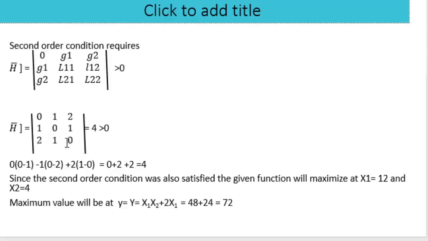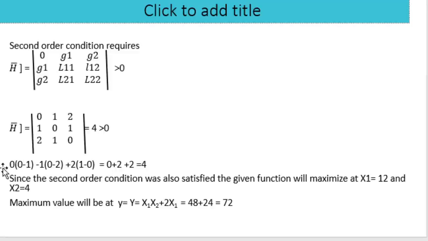Then take the product, 1 into 0 minus 2 into 1, that is minus 1 into minus 2. Then the alternating sign here will be plus 2, the third element. Removing this row and column, the remaining elements are 1 0 2 1. That is plus 2 into (1 into 1 is 1 minus 2 into 0 is 0), that is we will get 1.